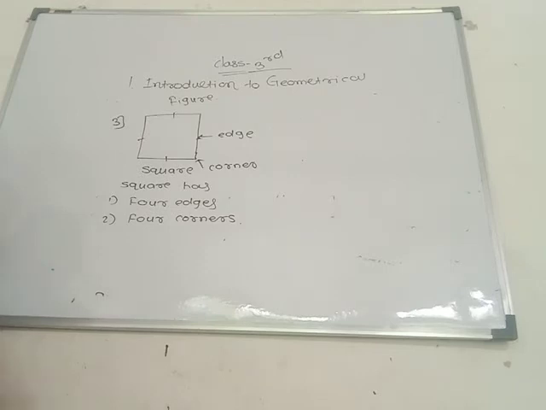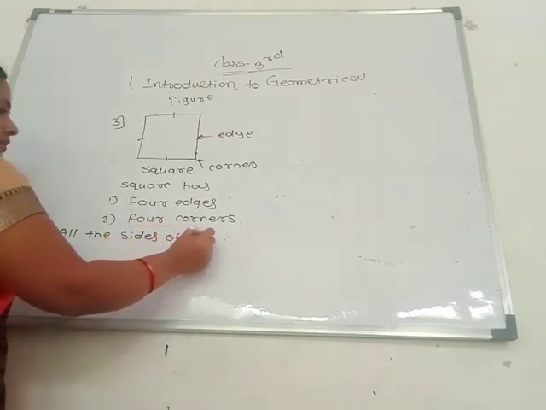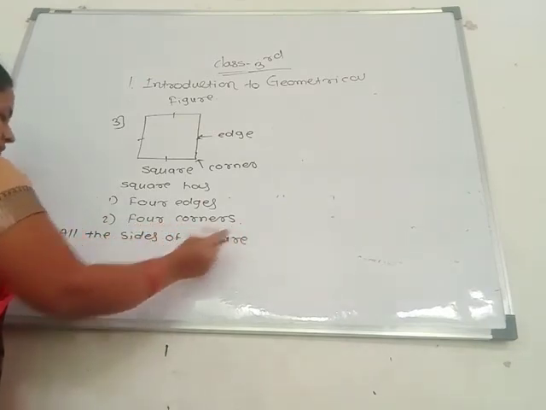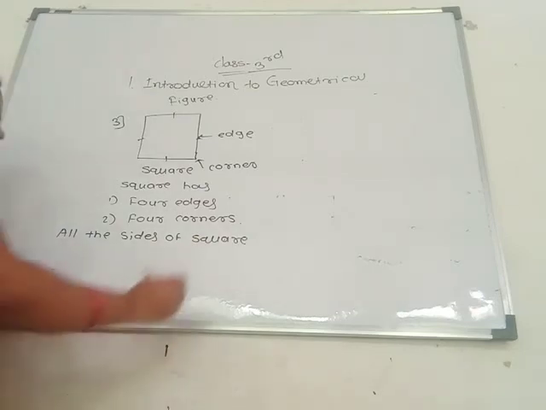And one point right here: all the sides of a square are of equal length.